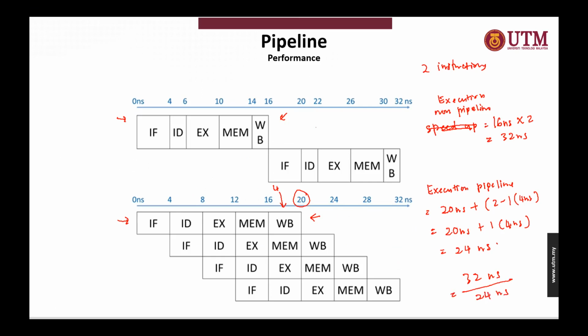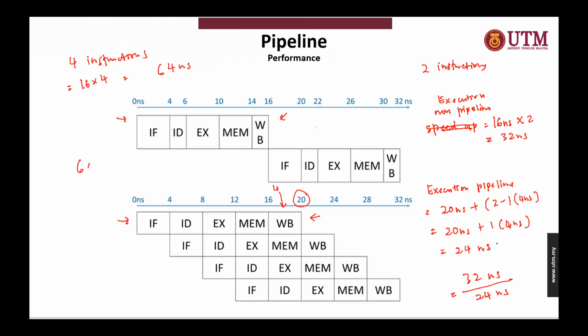Then you get the speed up. The speed up for 2 instructions will be roughly 1 point something. Let's say you're going to execute 4 instructions: 16 multiplied by 4, you will get 64 nanoseconds for the non-pipeline.